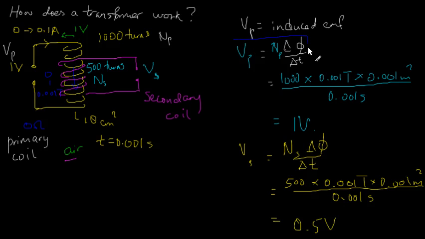If you look at this relation between the primary voltage here and the turns number and the flux change, and if you look at this relation between the output voltage, the secondary voltage, and its turn number and the flux change, you see that in these two expressions, the flux change over time is the same, for the simple reason that both coils enclose the same flux, which of course changes over the same time t.